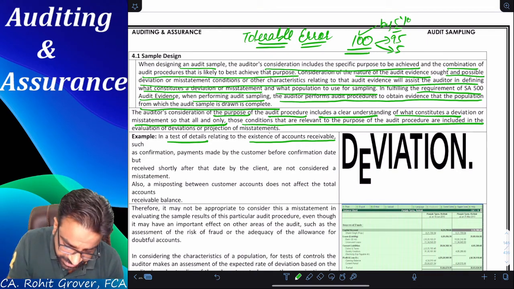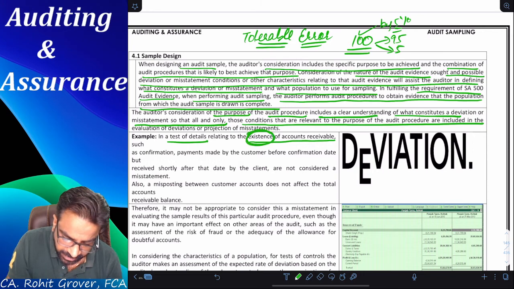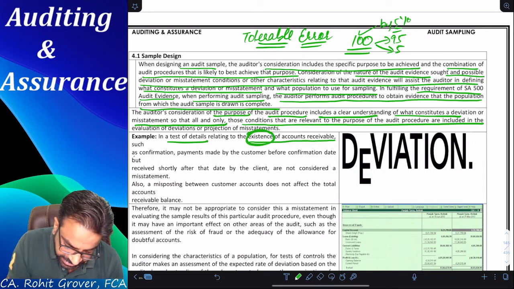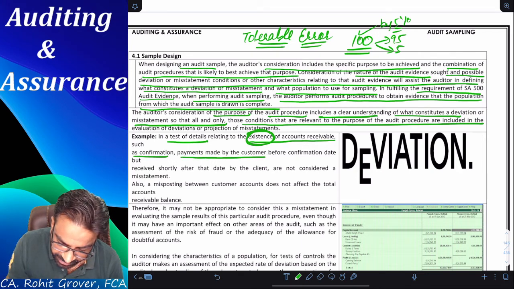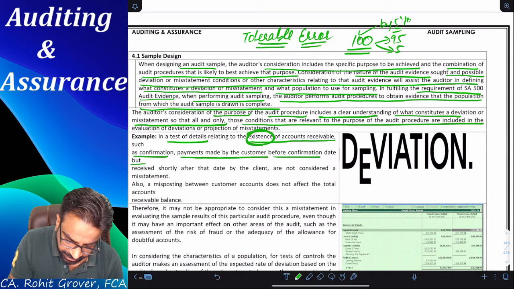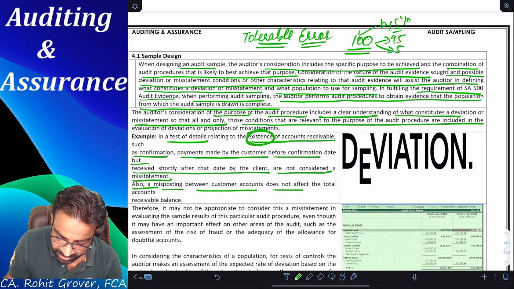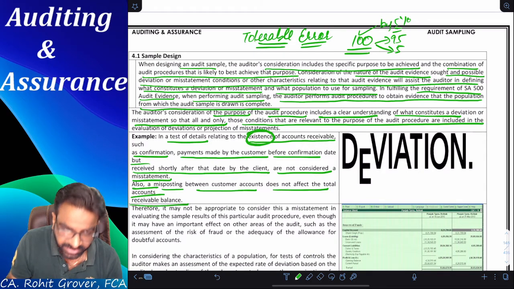It means which assertion are we testing? Existence of debtors. In such confirmation, payments made by the customer before the confirmation date but received shortly after the date by the client are not considered a misstatement. Also, a misposting between customer accounts does not affect the total accounts receivable balance.